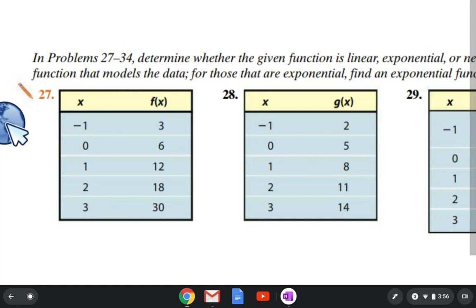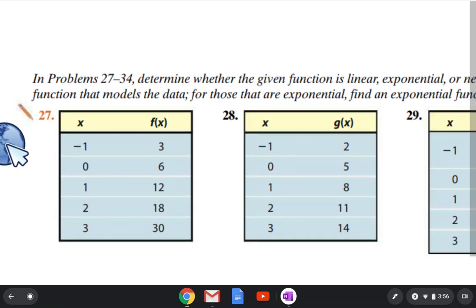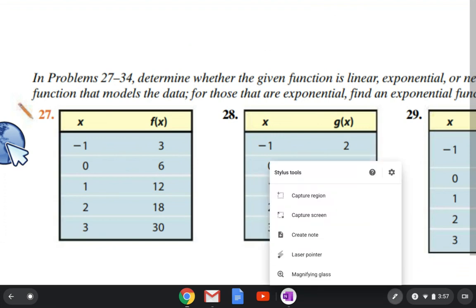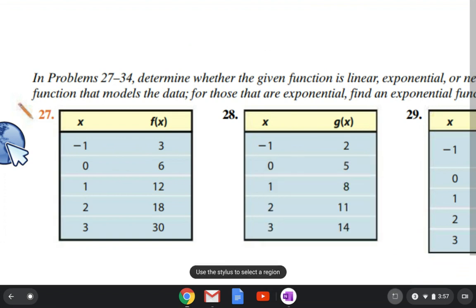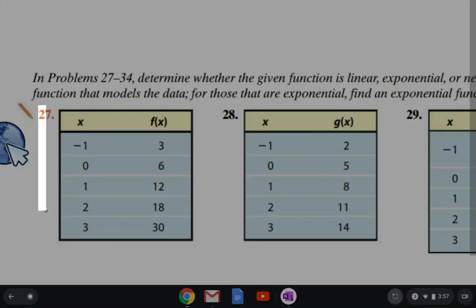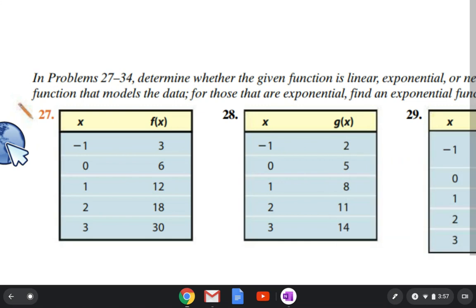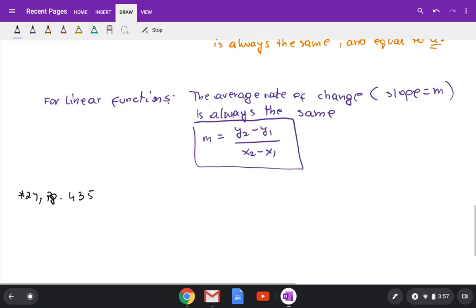I'm going to copy this down. Let me see if there's a way that I can copy. Hmm.